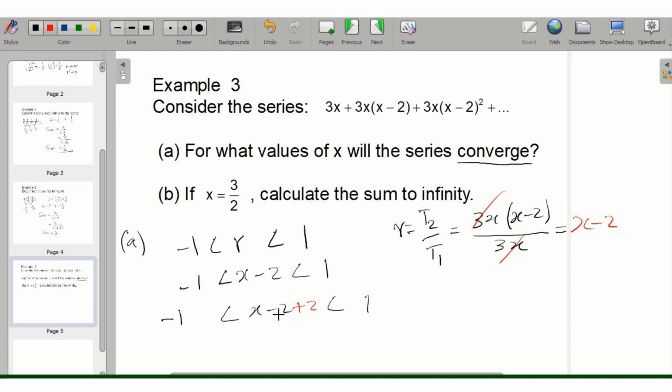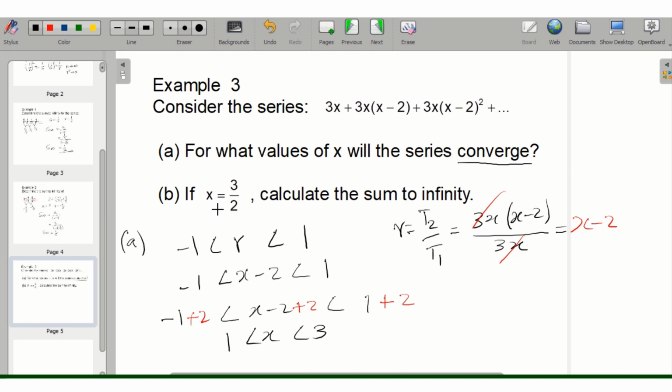So it will be minus 2 plus 2, which is 0, and we are left with just x. Because we added 2 here, we must also add 2 here, and we must also add 2 here. So finally, we are going to have x greater than 1 but less than 3.